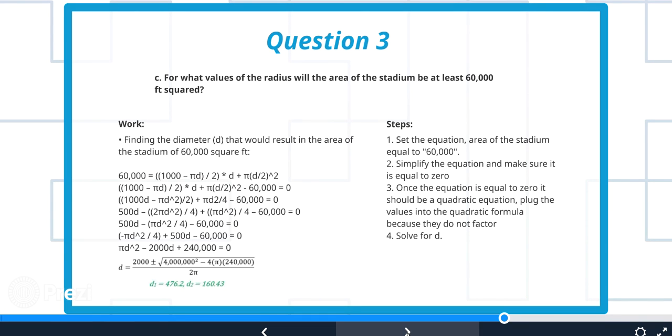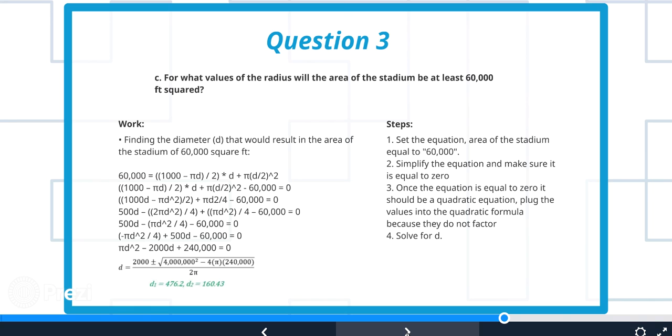Then question 3, for what values of the radius will the area of the stadium be at least 60,000 feet squared? For this problem, we must set the equation for the area of the stadium, which we got in step 1, equal to 60,000. And then simplify the equation and make sure it is equal to 0. Once it's equal to 0, you should have a quadratic equation.